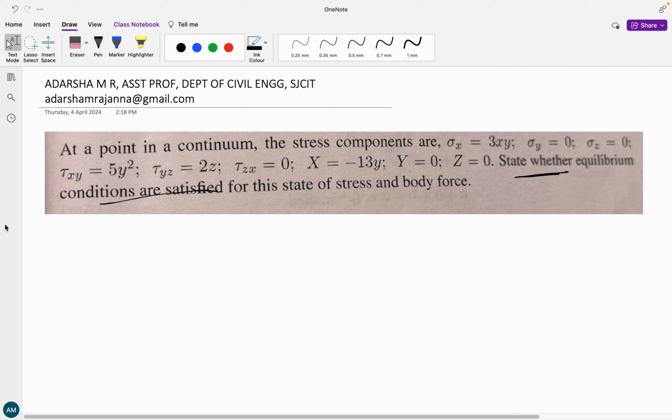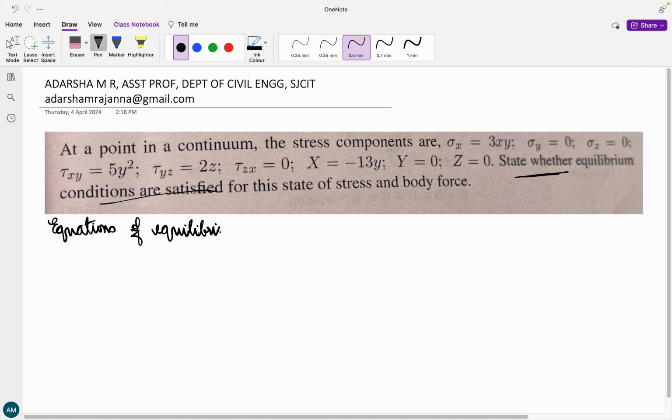So what are we supposed to do is, again, write down the equations of equilibrium first. Equations of equilibrium. That comes out to ∂sigma x/∂x plus ∂tau yx/∂y plus ∂tau zx/∂z plus the body force component of x equals 0.